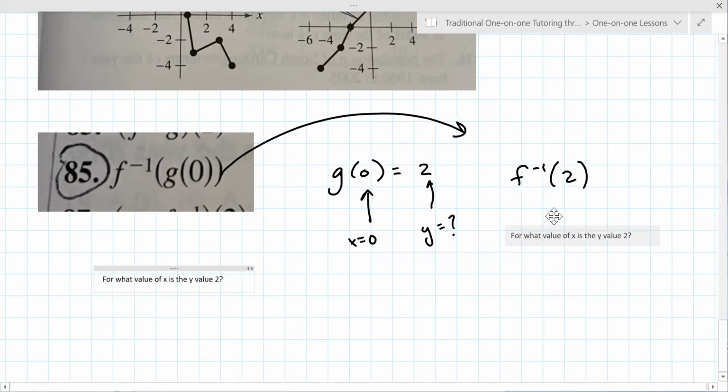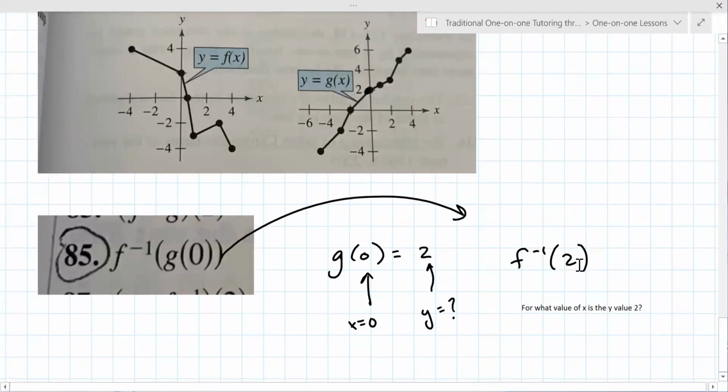So that's what we're trying to answer here. They give you the answer, 2. They're saying, where is the Y value 2? And the Y value is 2 over here at 0, which is a little bit awkward, but that's what it is. So this, believe it or not, equals 0, although this is not the best kind of answer.